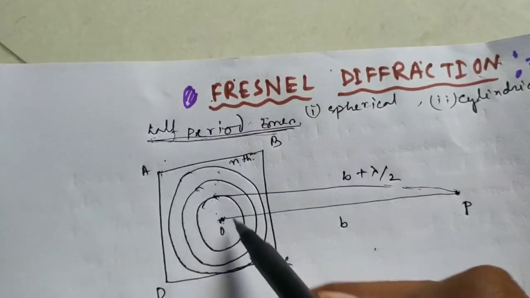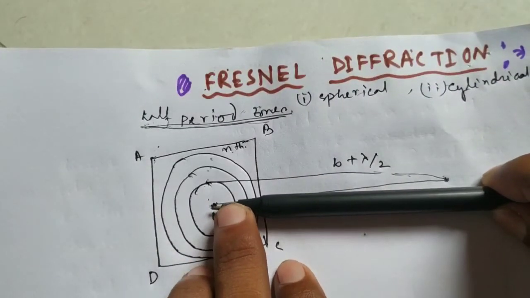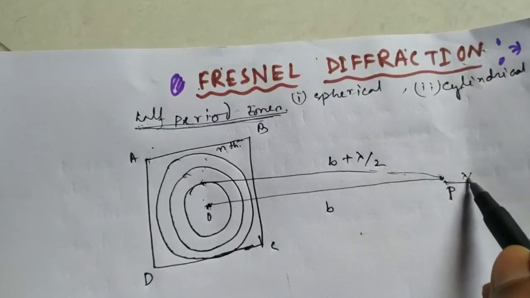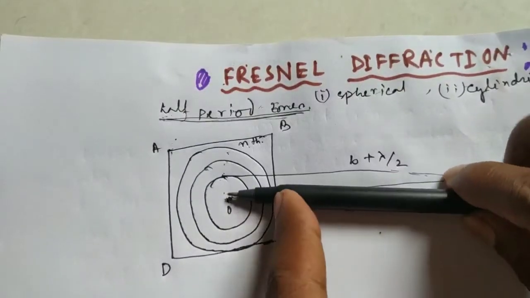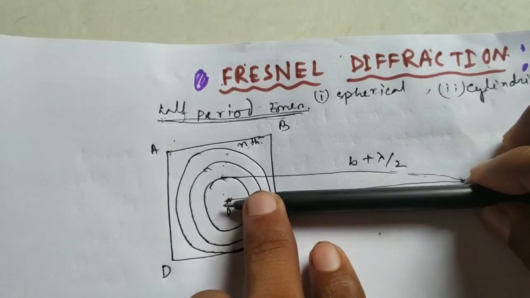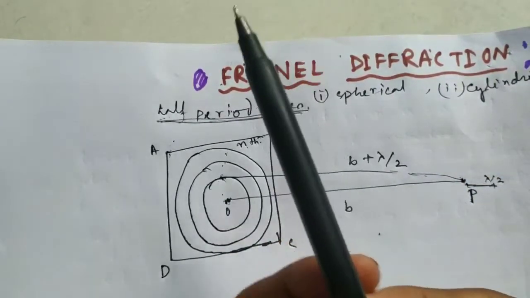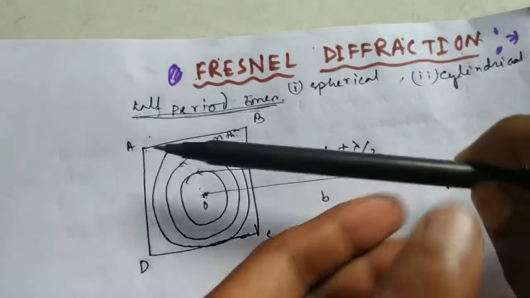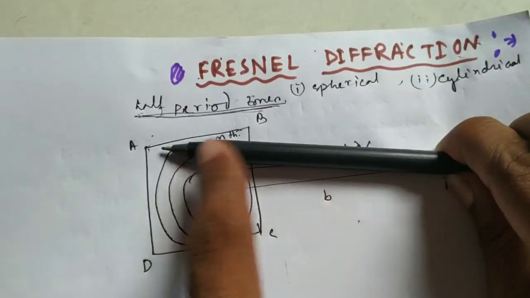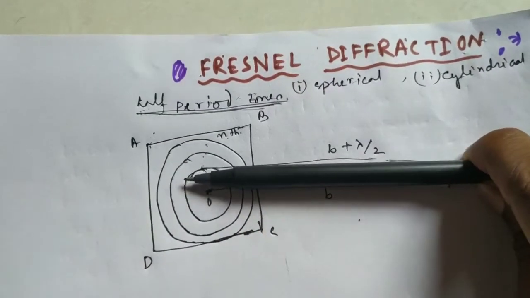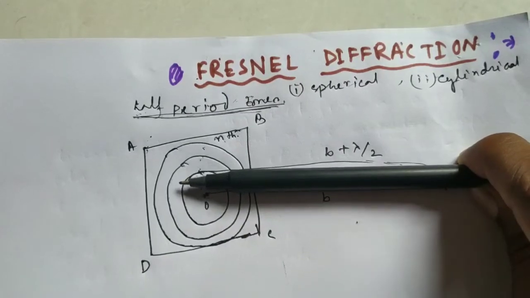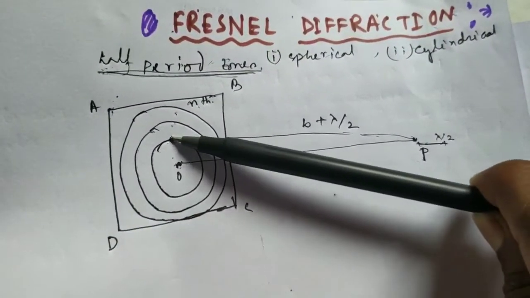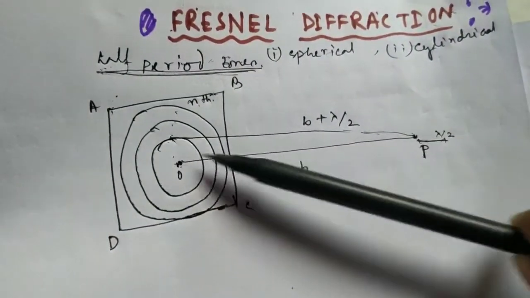If b is this distance and lambda by 2 is this extent, then he draws the circle with P as the center. So this is the circle whose distance from point P is b plus lambda by 2.